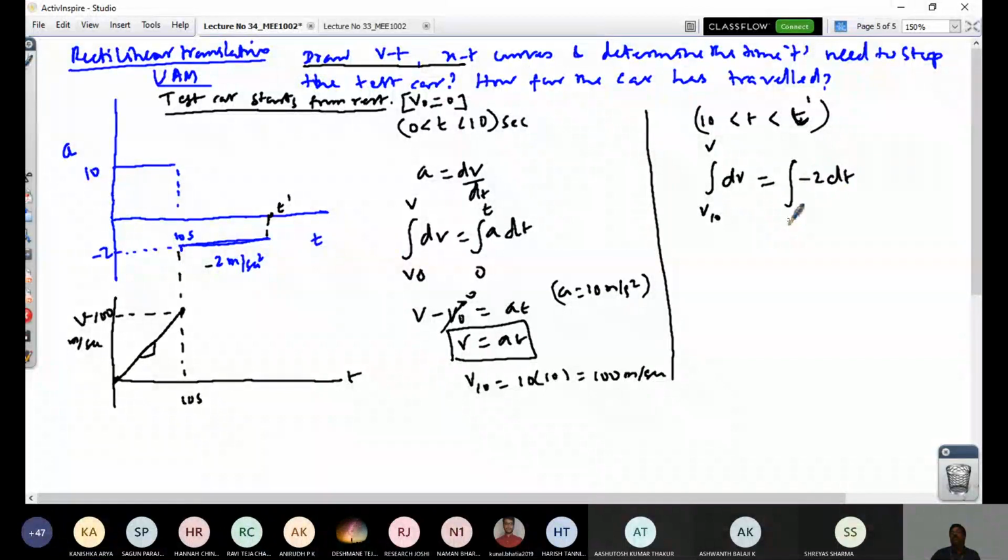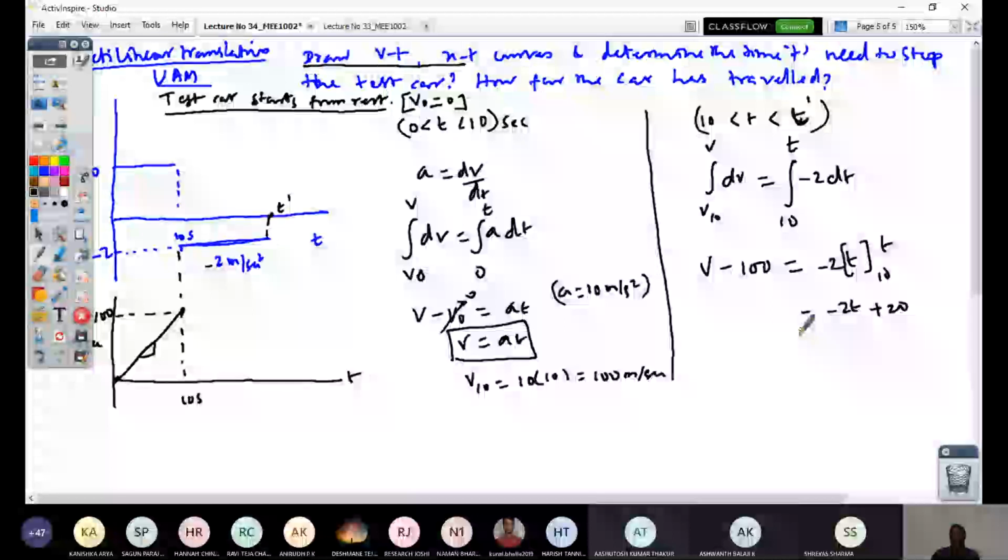That's again t is not from 0 to t, it is t from 10 to t. That's important. So this is going to be v minus, what is v10? v10 is 100, so that's equal to minus 2t, with t from 10 to t, so minus 2t plus 20.